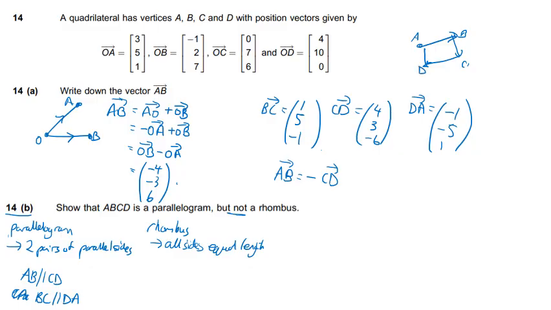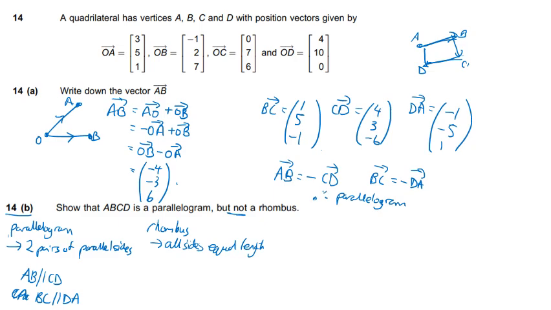That's what we expect. And we can also see that BC is just minus DA. So those facts tell us that it's a parallelogram. The opposite sides are equal length and parallel with each other.